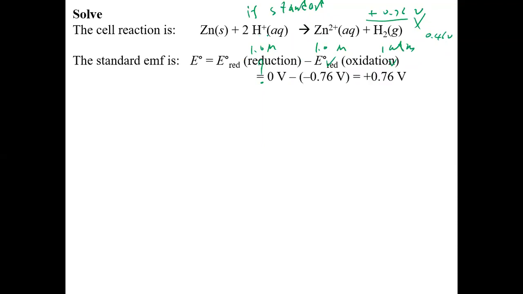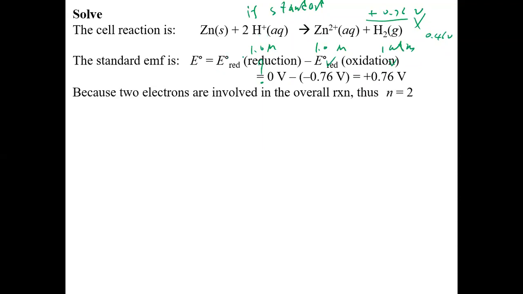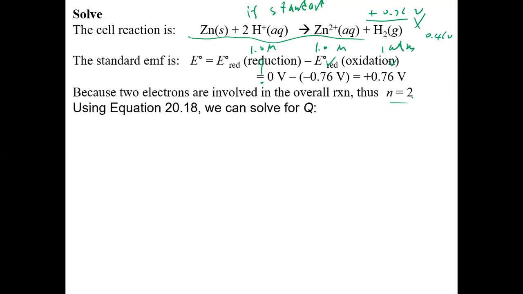Right. So what we do is first calculate this E cell, so positive 0.76, this E cell is at standard condition. And then we notice in this equation there are 2 electrons transferred, therefore n is 2. And then we can set up the Nernst equation.